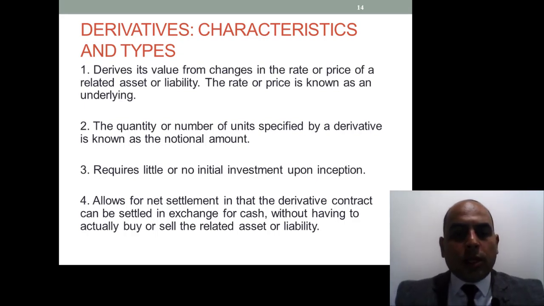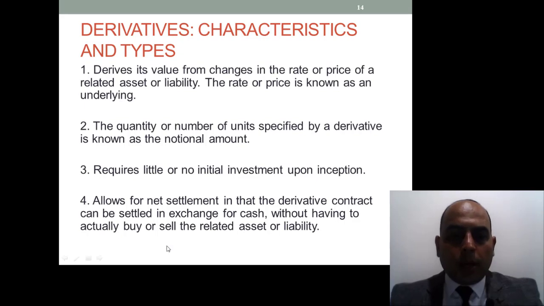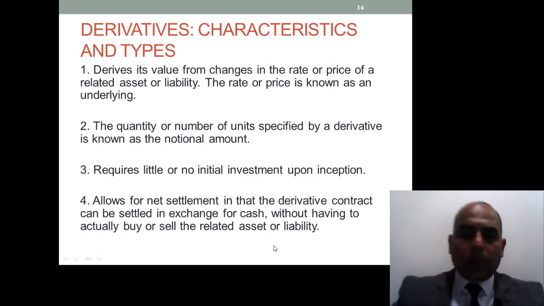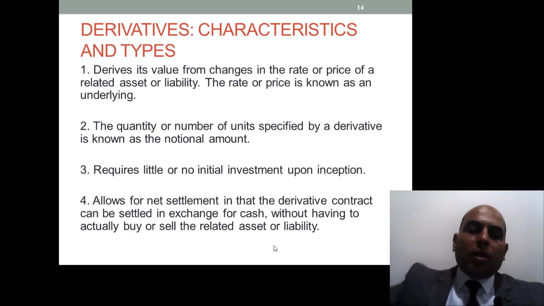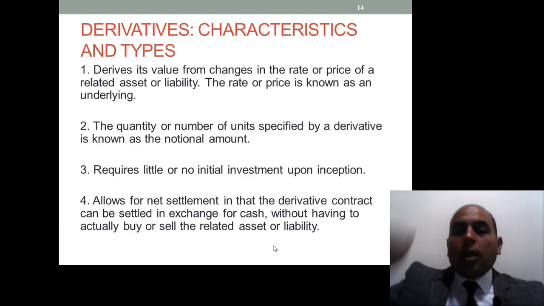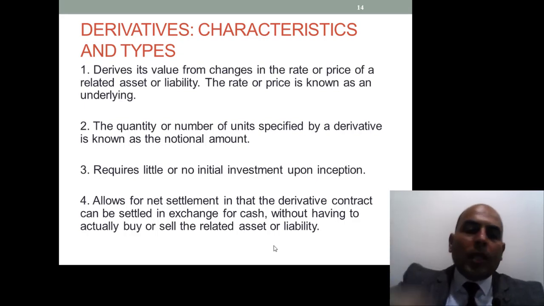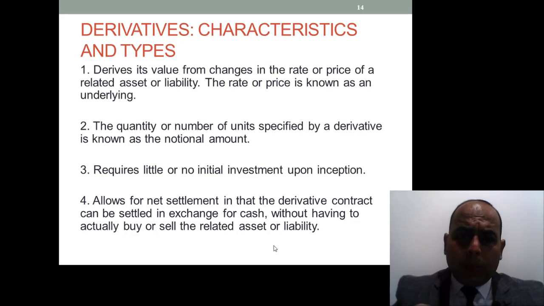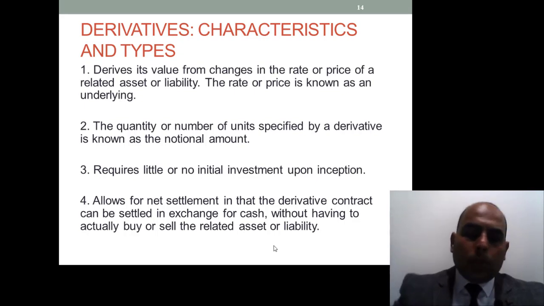The fourth one allows for net settlement: the derivative contract can be settled in exchange for cash without having to actually buy or sell the related assets or liability. Now, on the date of execution, it's not necessary to deliver the cash itself. It's not necessary to pay the cost of the $1 million, and you may only pay the changes, or the difference, between the agreement price and the execution price on the settlement date.